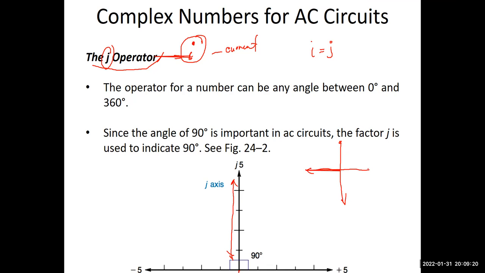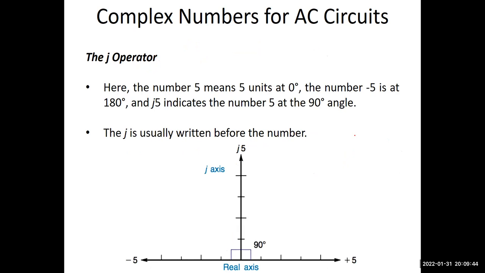Your horizontal line is your real axis and the vertical line, or the J, is your imaginary axis. Okay? So tandaan niyo yan, ha?